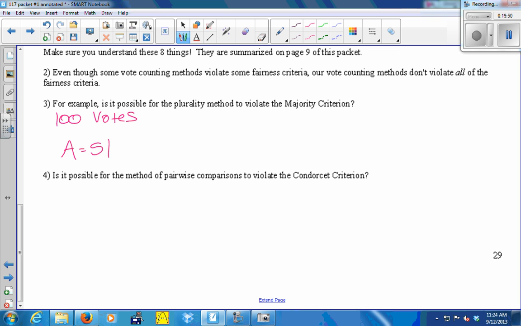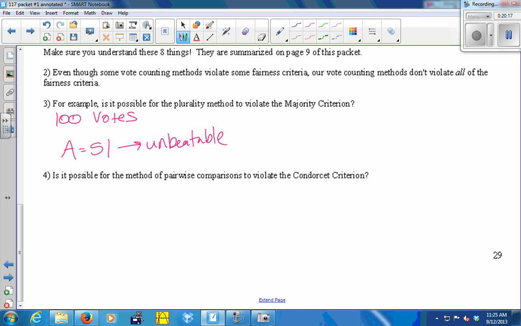Once you give someone a majority, there aren't enough votes left for anyone else to beat them. Even if there was only one other candidate running, or if there were 5 other candidates running but only one of them got all the remaining votes, there's only 49 votes left to go around. Nobody's going to be able to beat A. So A is now unbeatable.